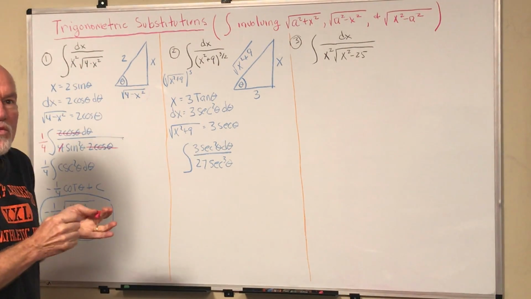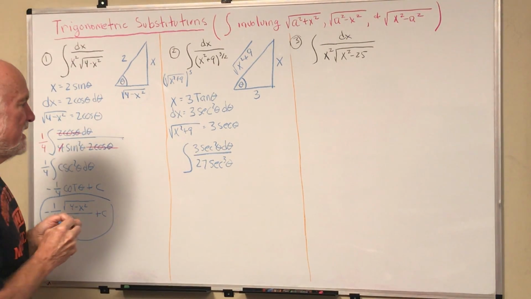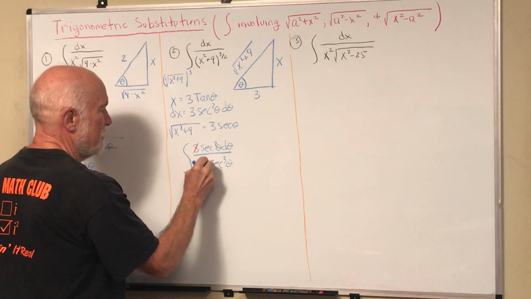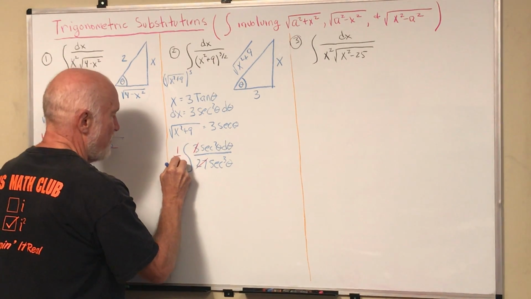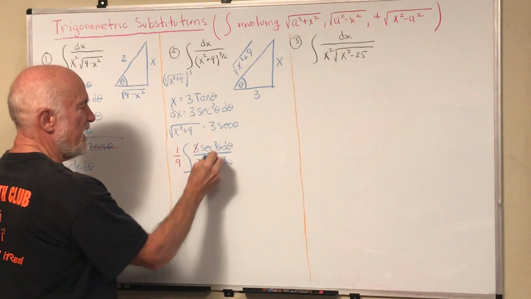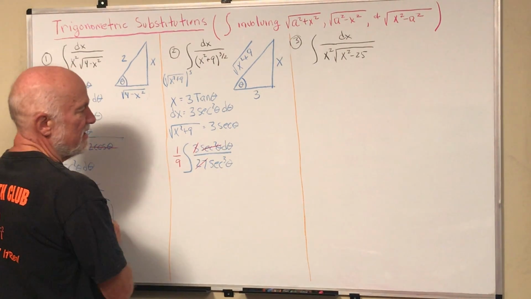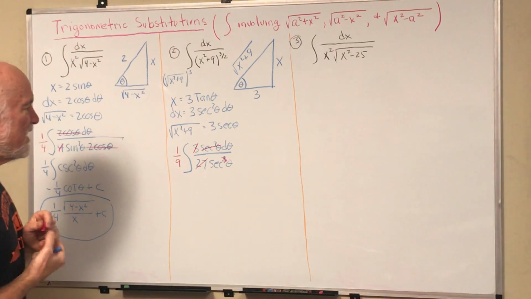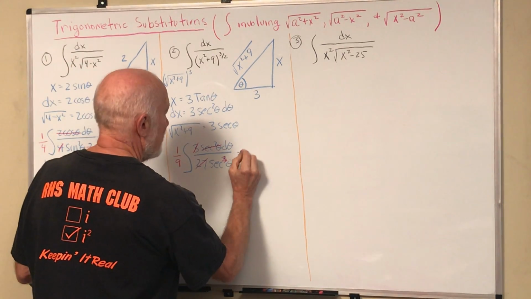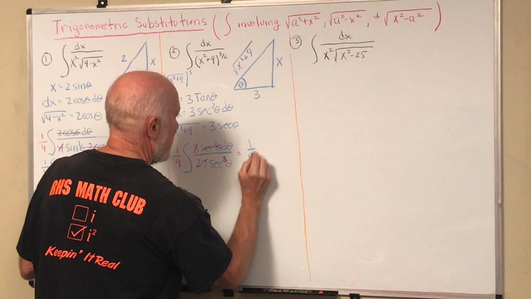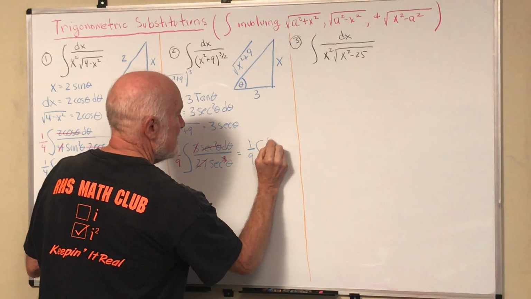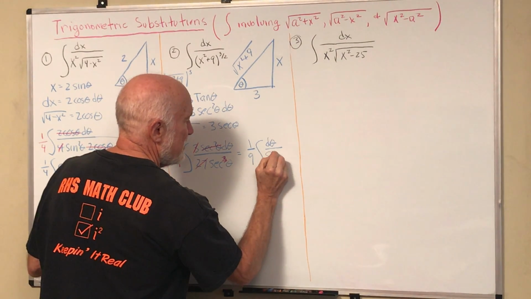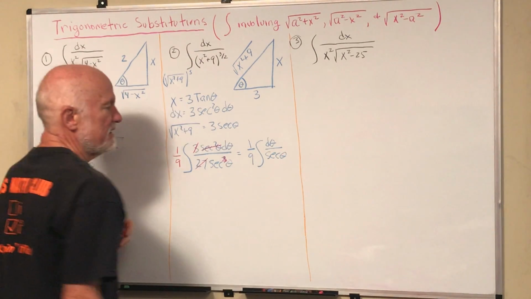And always at first when you look at it, it's kind of scary. But if you just take that out front, and then you cancel secant squared of theta with secant squared of theta, you're left with 1/9 the integral of d theta over secant of theta.